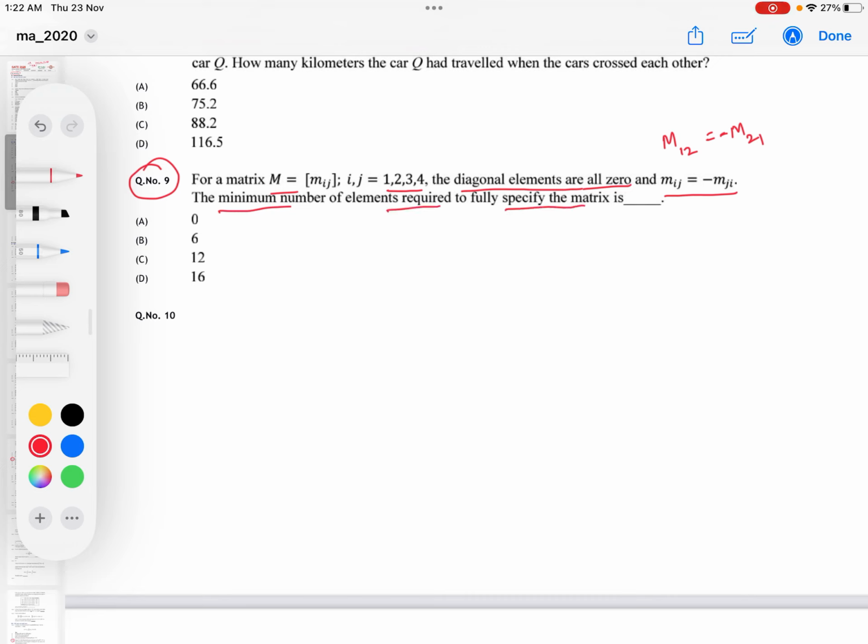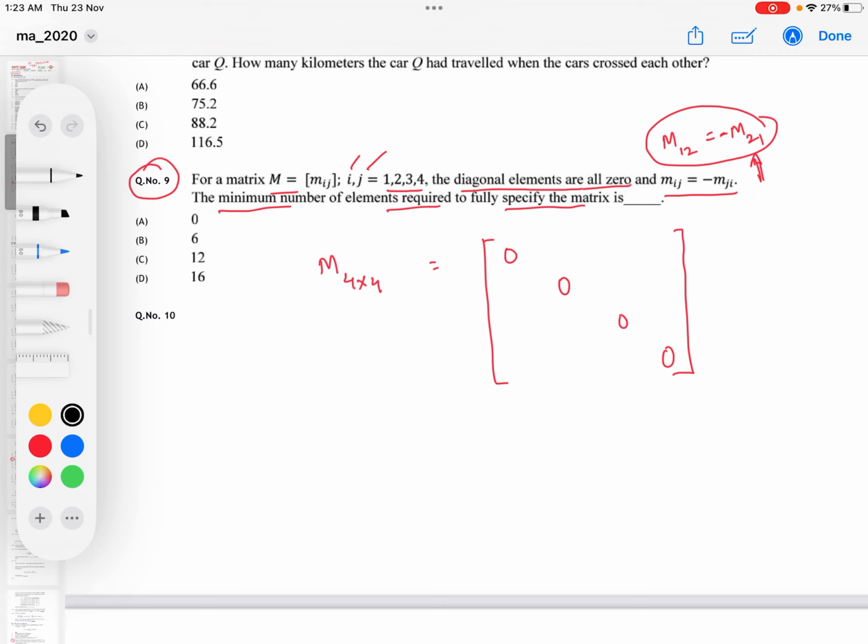So first of all, this M will be 4 by 4, because i varies from 1 to 4 and j as well. And all the diagonal elements are 0, it is given, right? So just put the diagonal elements as 0. Now you will put all the other elements according to this relation.